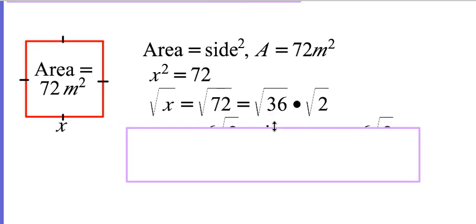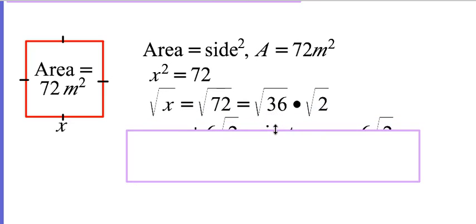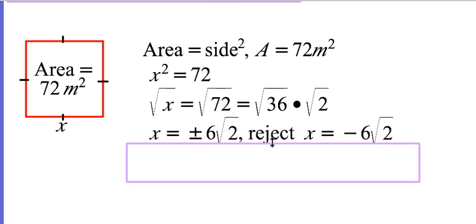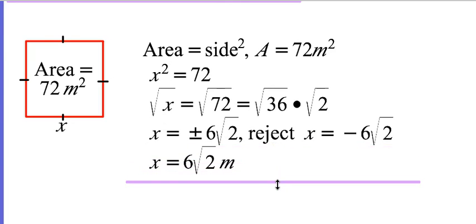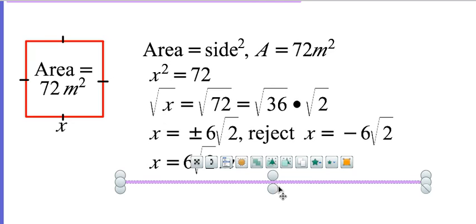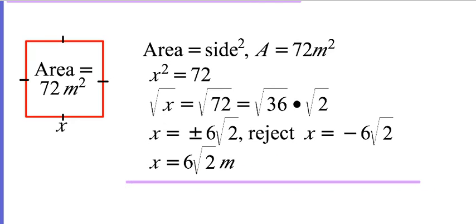So the square root of 36 times 2 is going to be plus or minus 6 square root 2. And just like before, we're going to reject the negative solution. So the final answer is that this square has a length of 6 root 2 meters. So 6 times square root of 2.